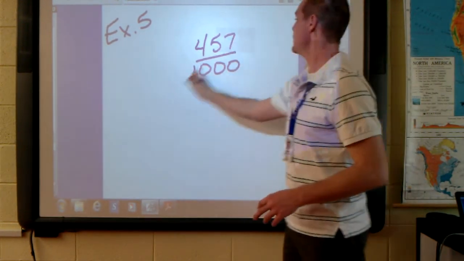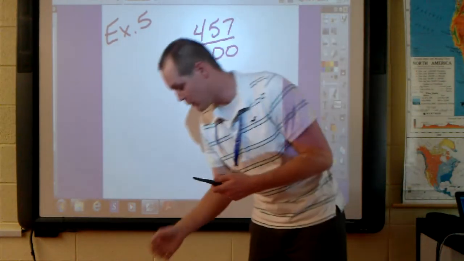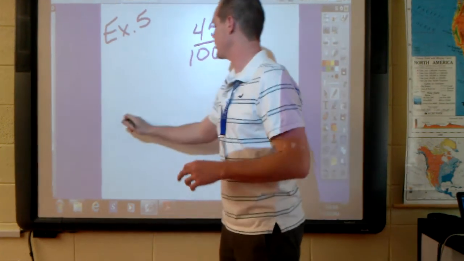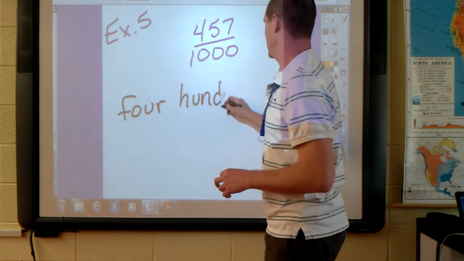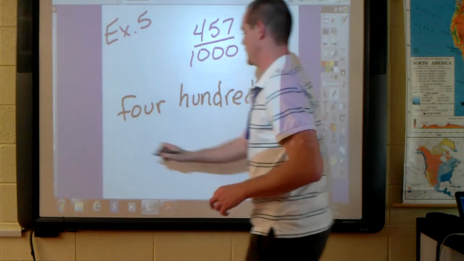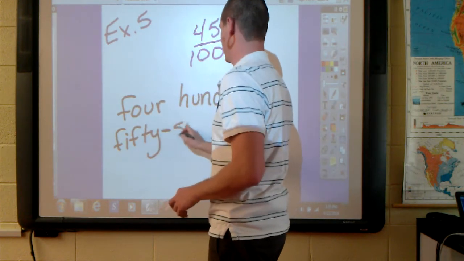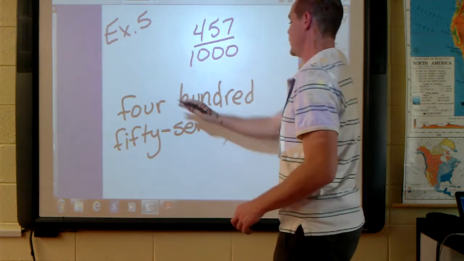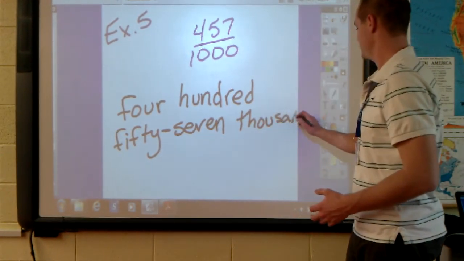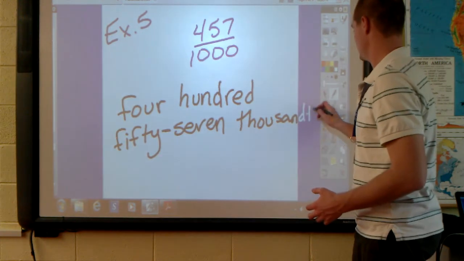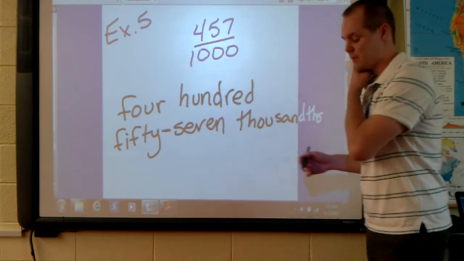To name the number. Okay, so this is part 2 of example 5. If we wanted to name the number, we would of course write 457. Again, making sure that we put a hyphen here. Okay, 457, what place value is it in? Thousandths. Okay, 457 thousandths.